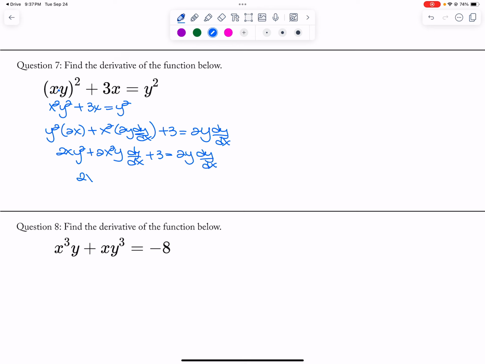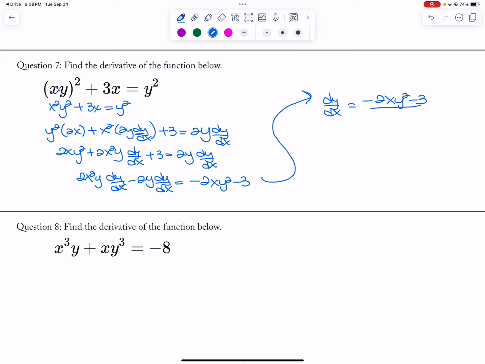So I have 2x squared y dy/dx minus 2y dy/dx is equal to negative 2xy squared minus 3. So then dy/dx is equal to negative 2xy squared minus 3 over 2x squared y minus 2y.